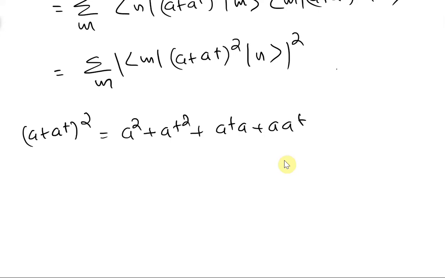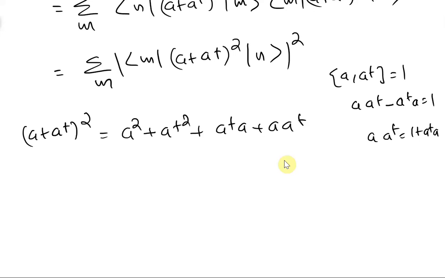We know another condition connecting a and a†, which is [a, a†] = 1. That gives aa† − a†a = 1, or aa† = 1 + a†a. Just substitute the value here. We get a^2 + a†^2 + a†a + aa† = a^2 + a†^2 + 1 + 2a†a. It is a modified version of our operator.